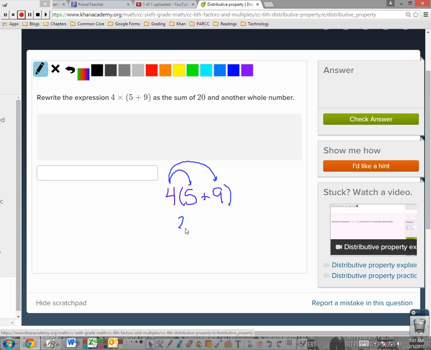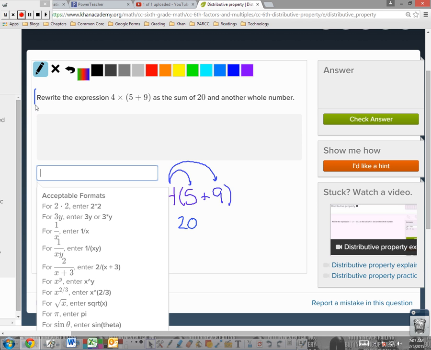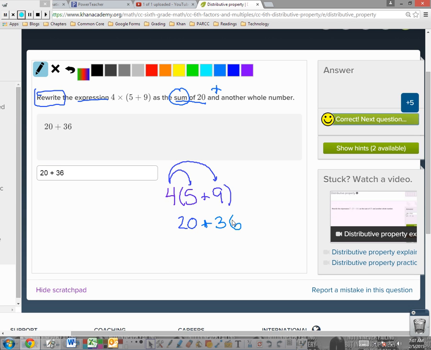Well, now I see where they came up with a 20, because 5 times 4 is 20. And it says rewrite the expression as a sum of 20 and another whole number. They tell me sum, I know I'm going to add 20 and another whole number. Well, 4 times 9 is 36. I could do 20 plus 36.